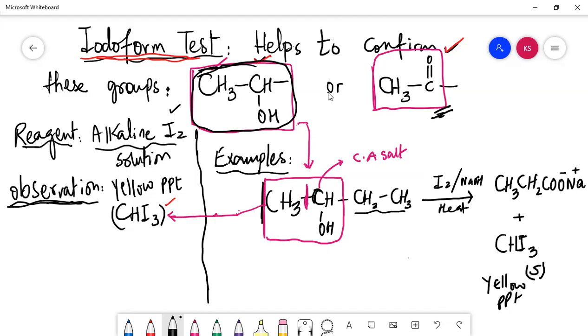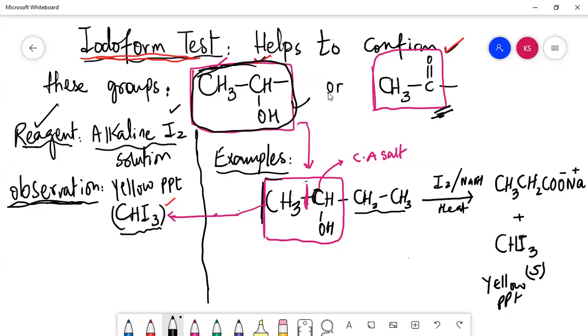The reagents of this test include iodine, alkaline medium में, and the observation are like triiodomethane, CHI3, which makes the yellow ppt. For example, I've just shown this reaction where this 2-butanol was reacted with iodine alkaline solution. And I saw this arrangement present in it, ऊपर वाली present है. So I'll say it's positive test.